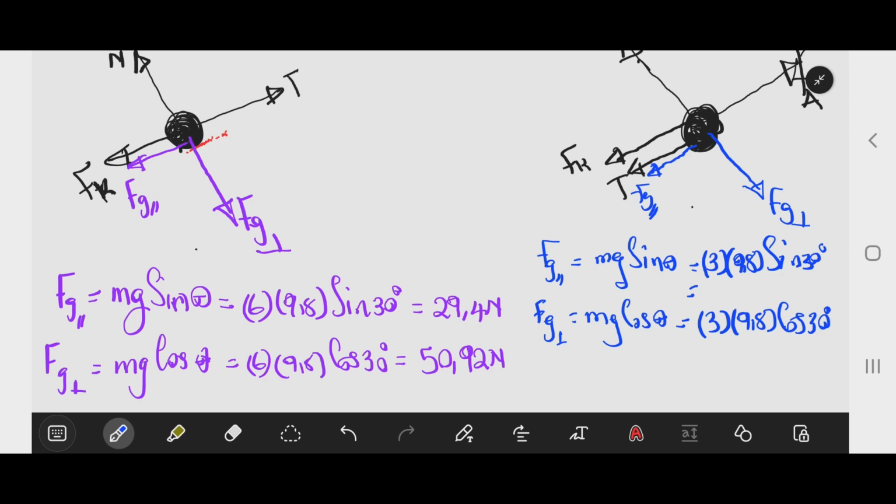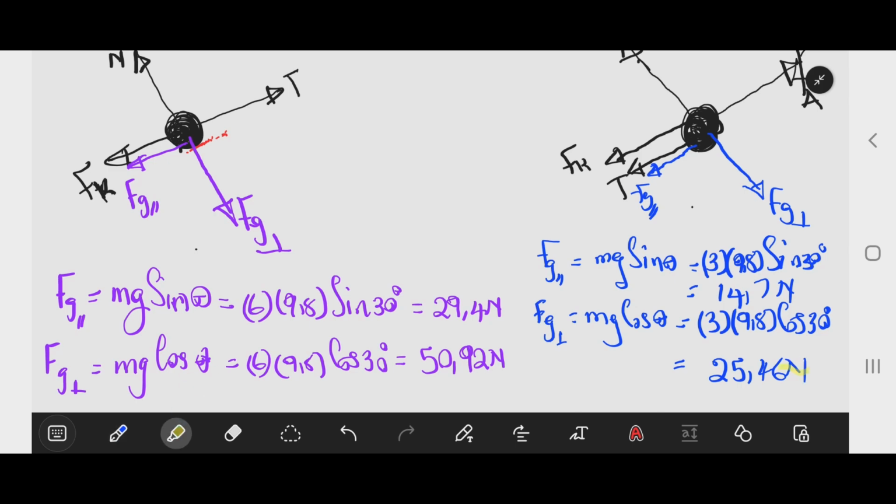Let us see what is the magnitude of Fg parallel for the 3 kg. That would be 3 multiplied by 9.8 multiplied by sine 30. So we have 14.7 newtons. And for Fg perpendicular, we have 3 multiplied by 9.8 multiplied by cos 30, which gives 25.46 newtons.